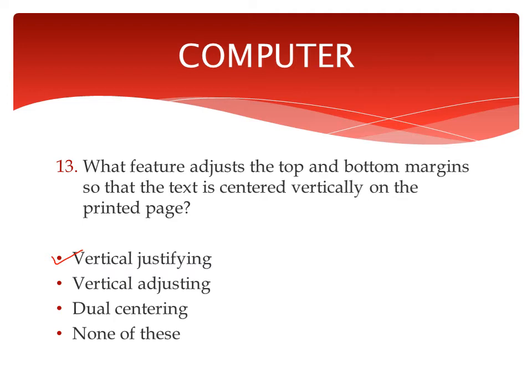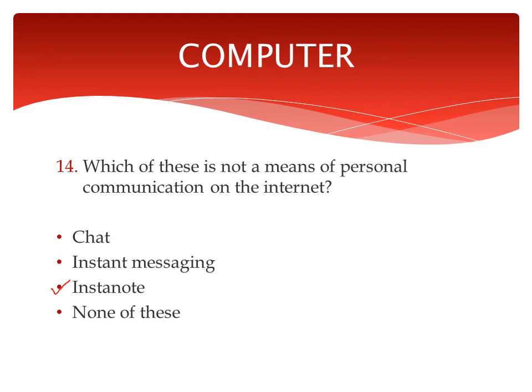Correct answer is vertical justifying. 14th question: which of these is not a means of personal communication on the internet? First, chat; second, instant messaging; third, InstaNote; fourth, none of these. Correct answer is InstaNote.